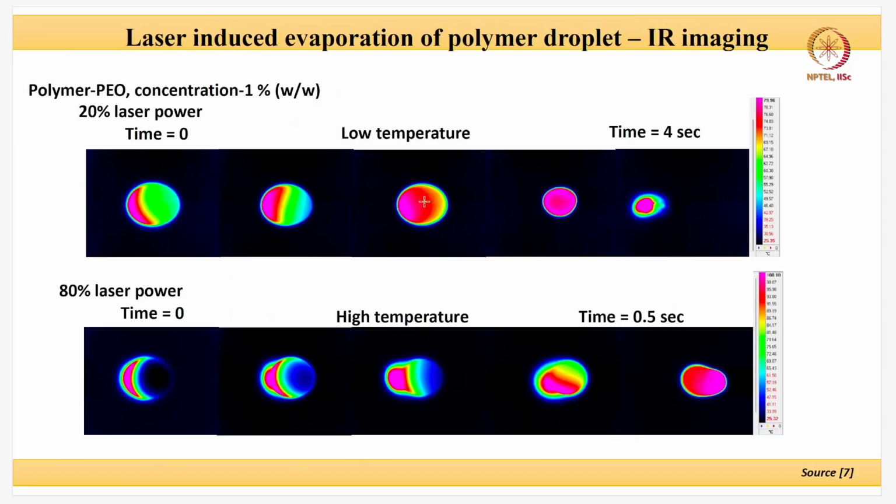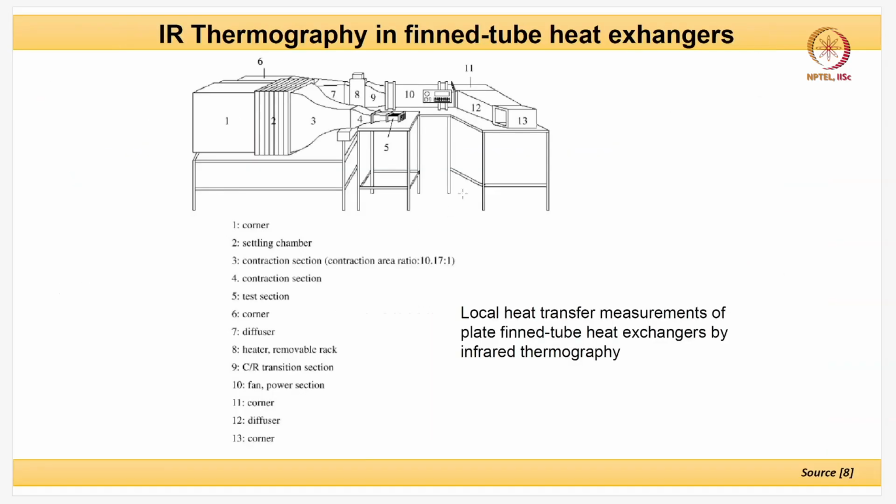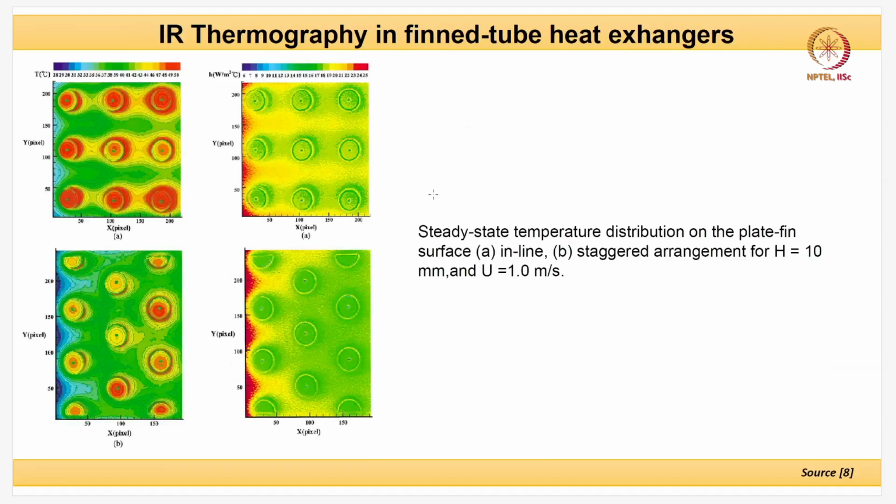So it can measure for these small droplets, and it can measure the asymmetry. It can measure for these kind of large scale setups. Okay. This is the IR thermography on these pinned tube heat exchangers. As you can see, you can readily see the wakes also. So this is the temperature distribution.